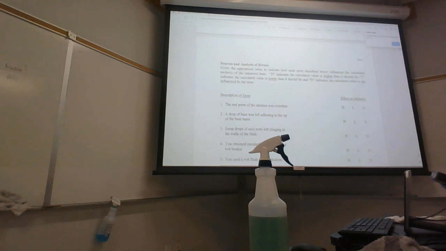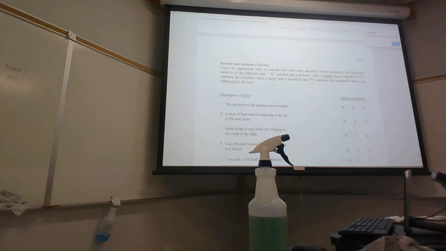It was stuck there, but it had already turned pink. What happens if that half a drop falls in there or we wash it in there? It's going to become even more pink, right?